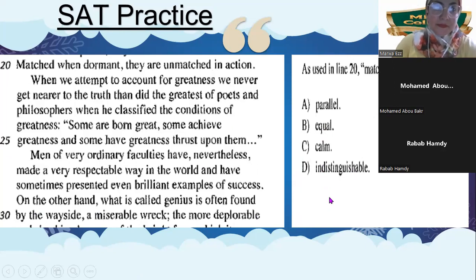Okay, I got the answer. Yeah, it's the sentence at the very beginning here. What about you, Mrs. Rabab? Matched when dormant, they are unmatched in action. Short, simple, clear sentence. So what does the word matched mean here?